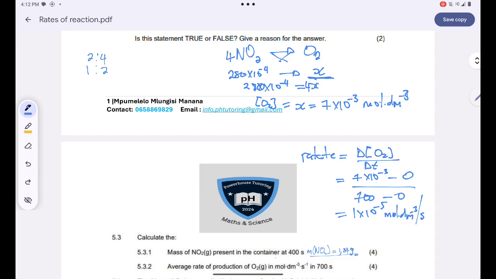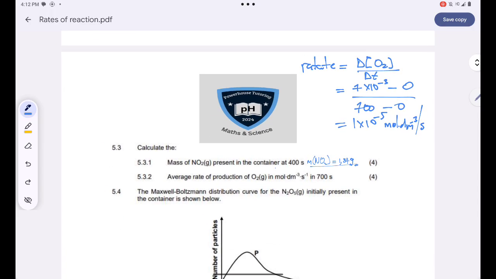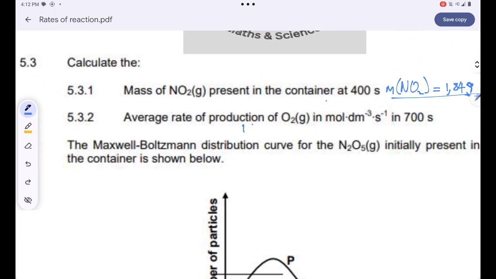I obviously used my ratio and proportion to get the concentration of oxygen, and then I went to calculate the rate of reaction. So that was my rate of reaction over there. That's 1 times 10 to the power of negative 5 moles per cubic decimeter per second.